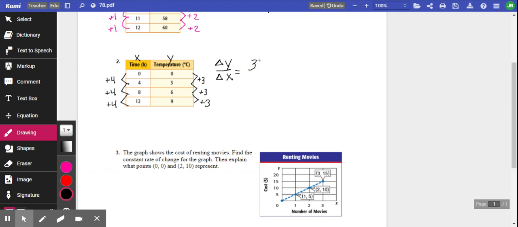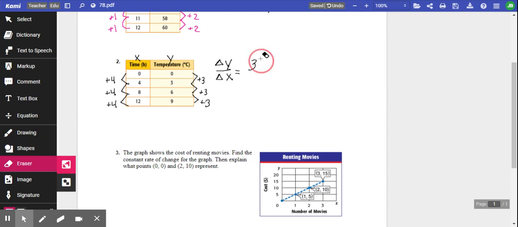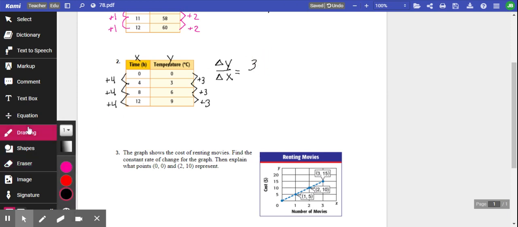So we have 3 degrees Celsius for every 4 hours. So our rate of change is 3 degrees Celsius every 4 hours.